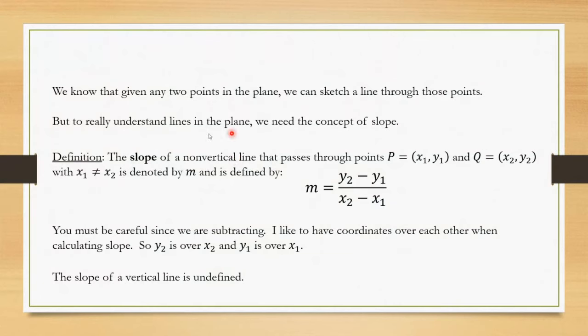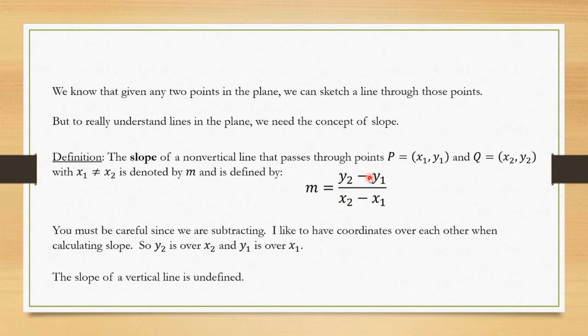And this is the definition: the slope of a non-vertical line that passes through these 2 points, so P and Q are 2 points that are different from each other, and they're on the line. Then the slope of that line is this: it's the change in y over the corresponding change in x.